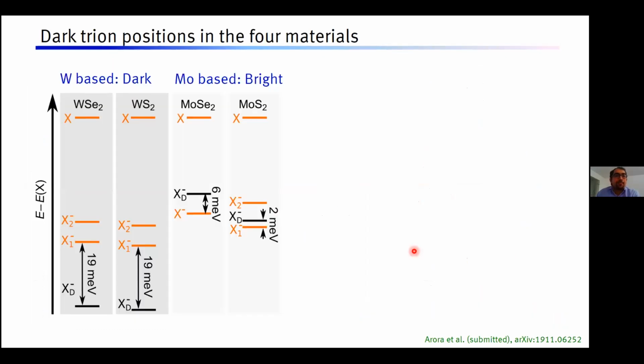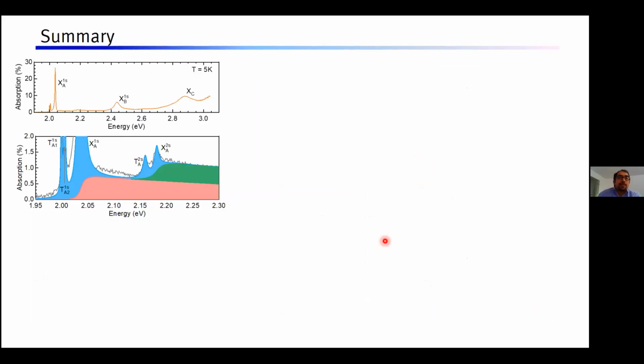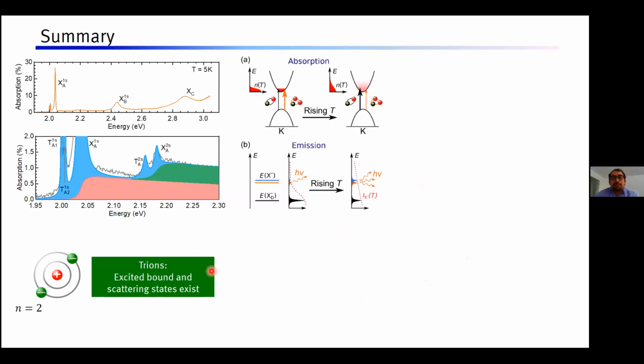So finally, we say that the Fermi distribution of the combined population of dark and bright excitons governs the PL and absorption in two-dimensional materials. And we find that MoS2 possesses a mixed bright-dark character. So to summarize the whole talk, I discussed scattering states and the bound excited states of the trions initially, and we find that they exist in the solids.